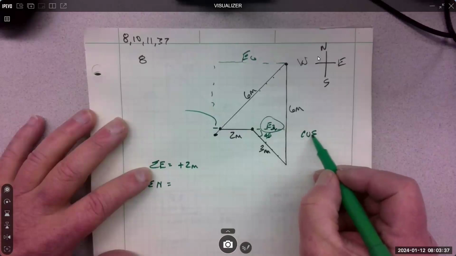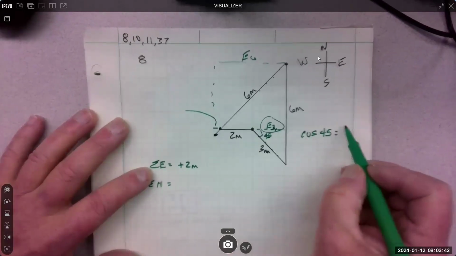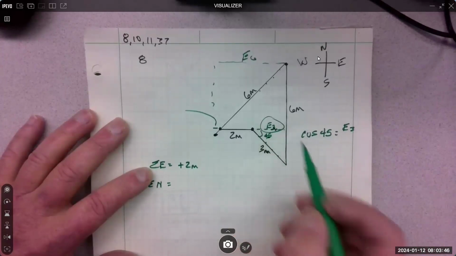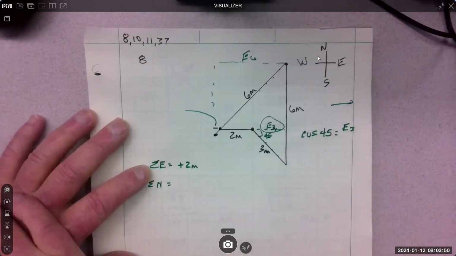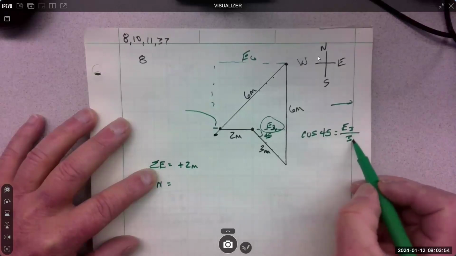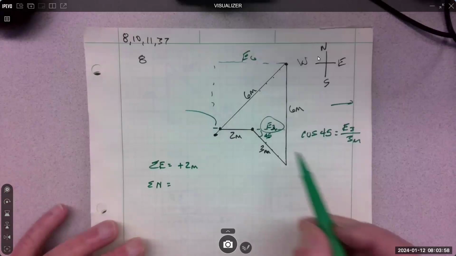So cosine 45 equals, I'll call it E3. This is this east 3. And I set up positive to the right and negative to the left, over 3 miles. Agreed? That's this triangle right here.